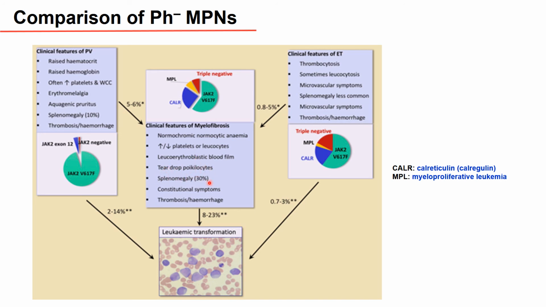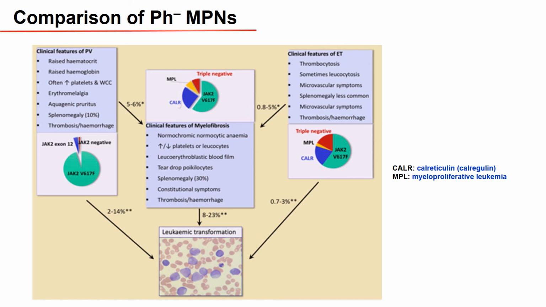Splenomegaly is more common, about 30% of the cases, and thrombosis and hemorrhage can occur as well. And as you see here, as mentioned before, about 20% of the cases can transform to acute leukemia. In polycythemia vera rubra, about 10% or 15%, and about 3% in essential thrombocytosis can transform to acute leukemia.